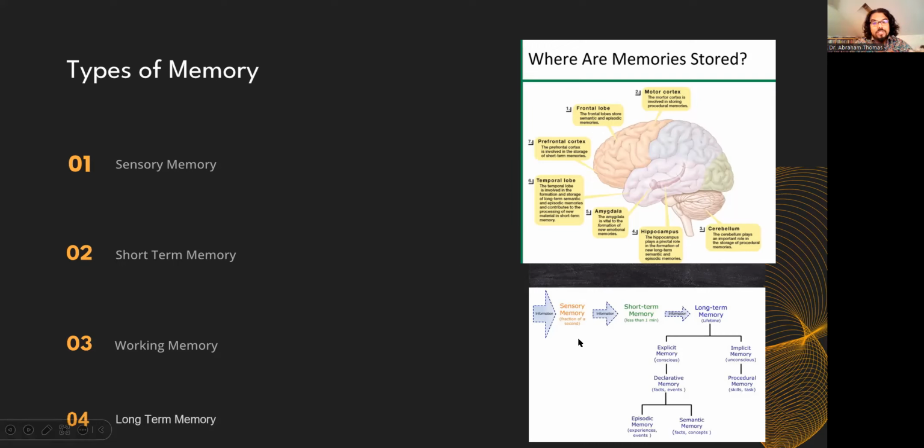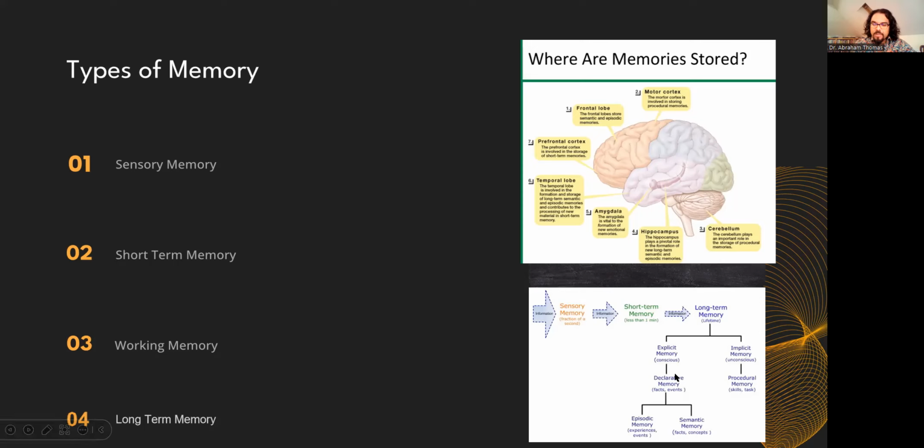If we come down to this picture, we'll see that information comes in via sensory memory, which lasts just a fraction of a second, and then goes into our short-term memory, which lasts a little longer, less than a minute. Then this information we collect into a long-term memory, which is meant to be endless. We'll talk about techniques later on in the presentation to enhance your memory.